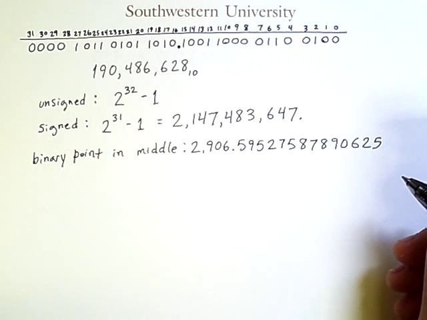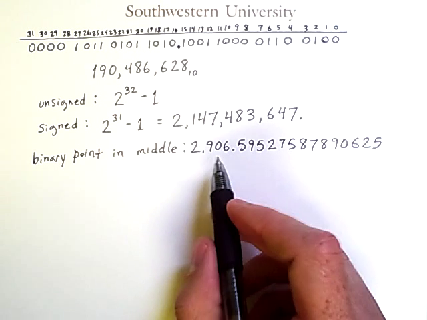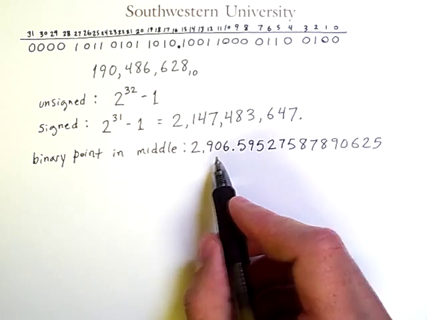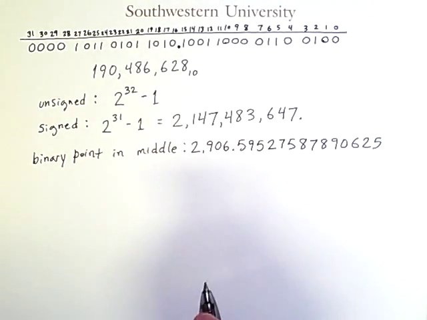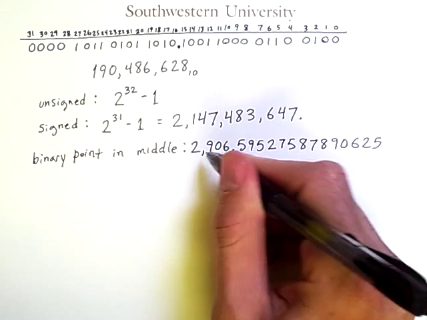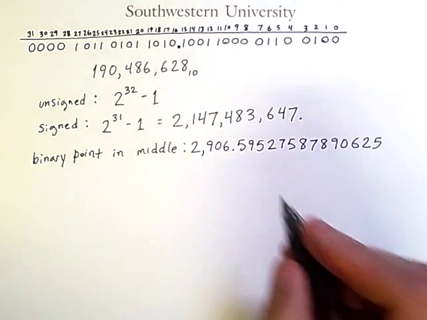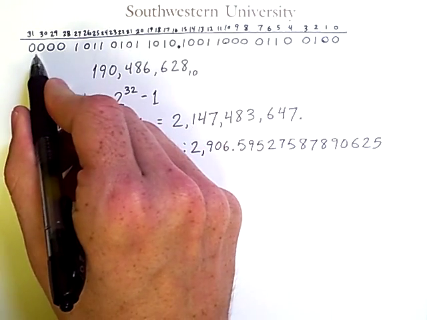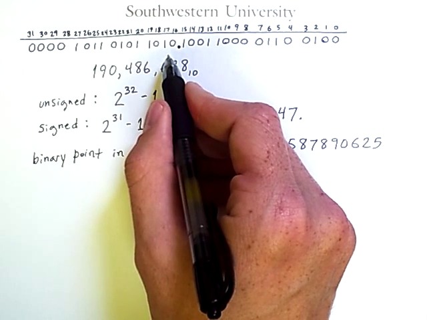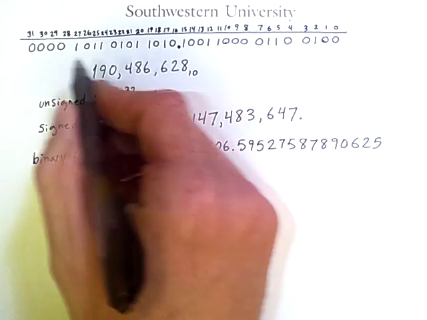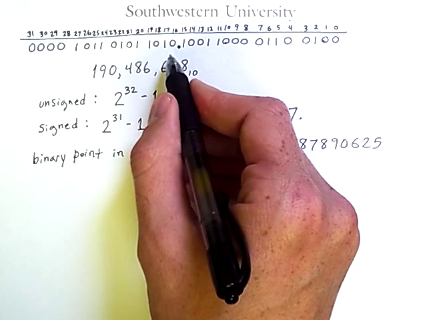So this would work. We could represent certain fractional values, and we could also represent whole numbers if we simply make all of these bits be 0. However, we have, of course, given up on the range of numbers we can represent, because now we only have either 16 bits to represent an unsigned value, or 15 bits to represent a signed value.